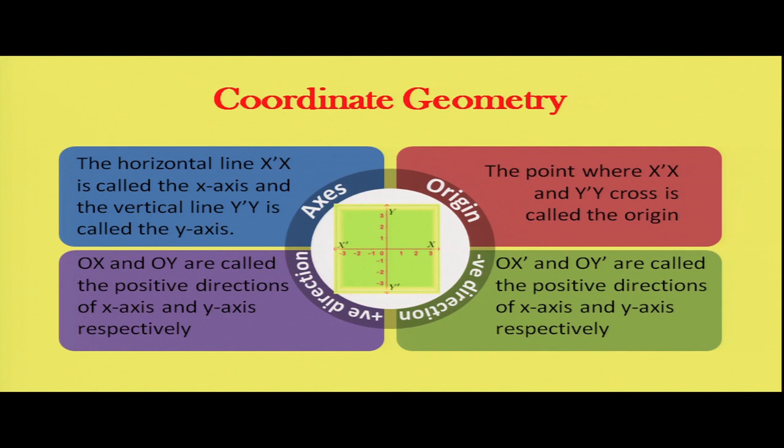The point where X dash X and Y dash Y cross is called the origin and is denoted by O. Since the positive numbers lie in the direction OX and OY, OX and OY are called the positive directions of the x-axis and the y-axis respectively. Similarly, OX dash and OY dash are called the negative directions of the x-axis and the y-axis respectively.